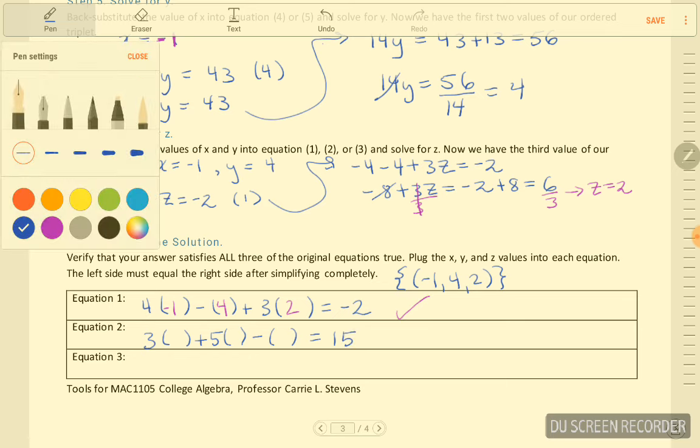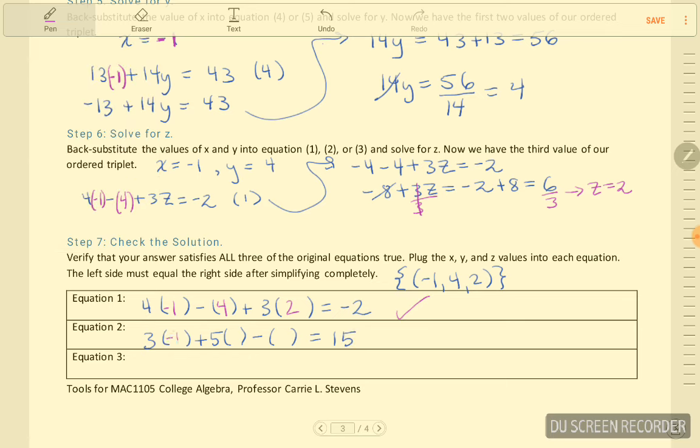All right, so plugging in again, -1, 4, 2. This will give me -3. This will give me 20, +20. This gives me -2. So then I get +17 minus 2, which is 15. So that checks out too. One more. Just got to get all 3 to work out and make sure.